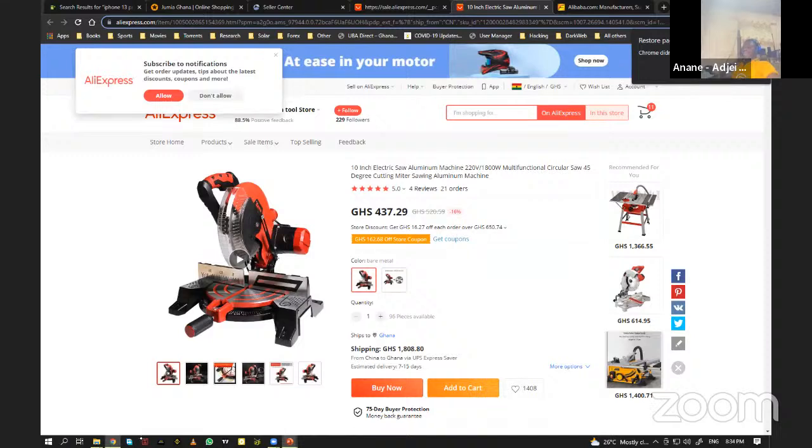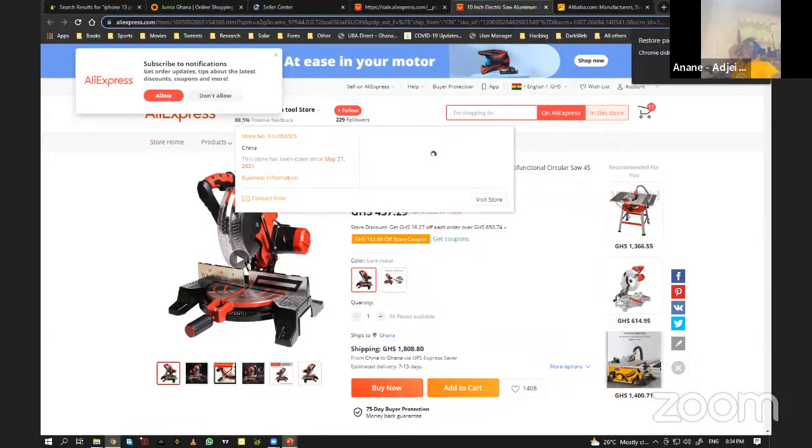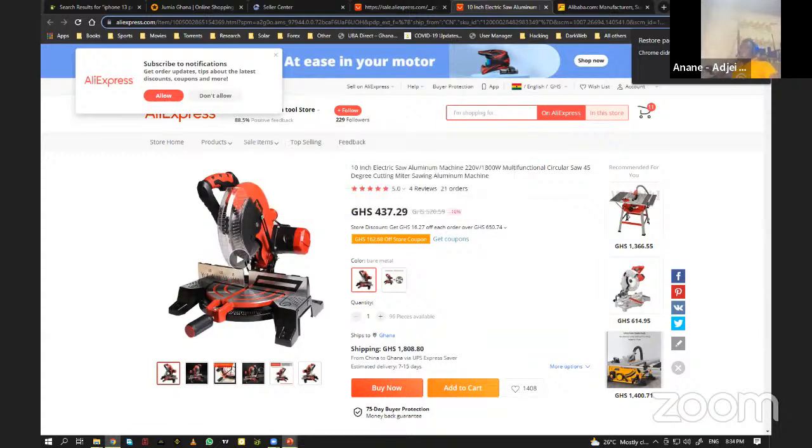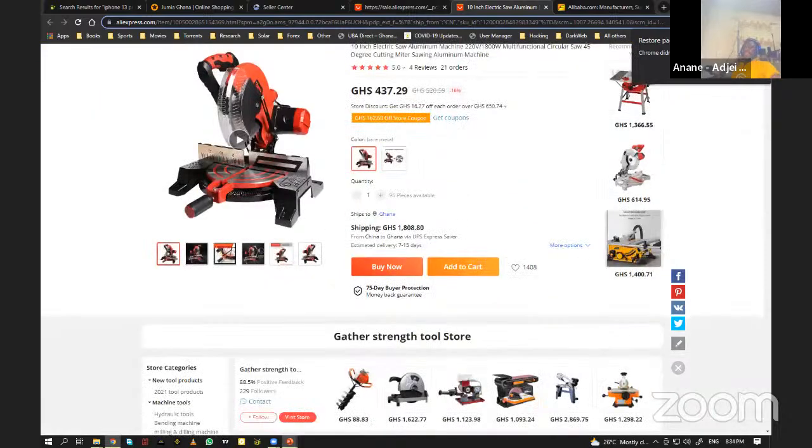You pay the money, but the person will not send the item. And you can also blame AliExpress because you dealt with the supplier behind their back. So they have now taken out the chat portion from it.